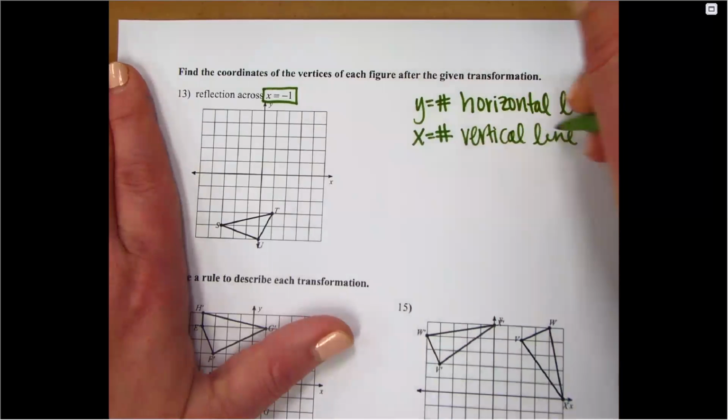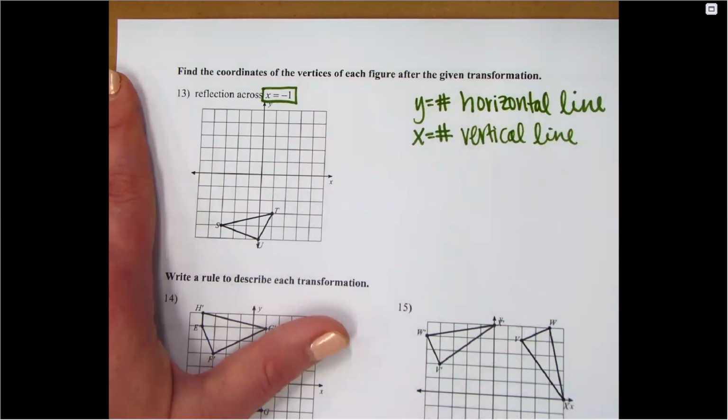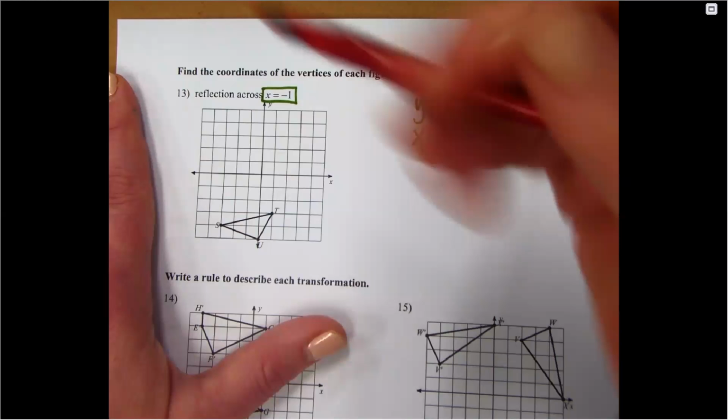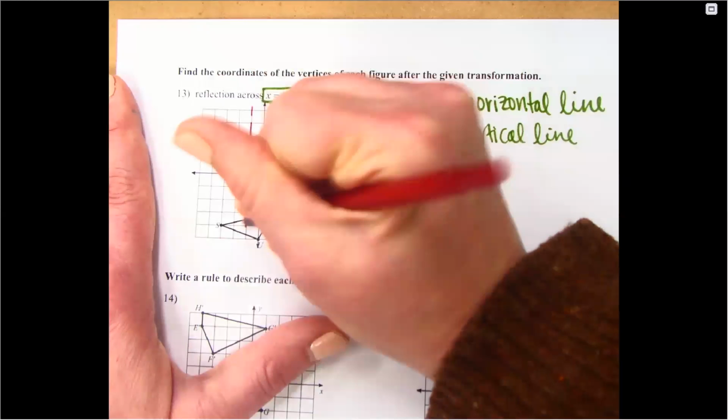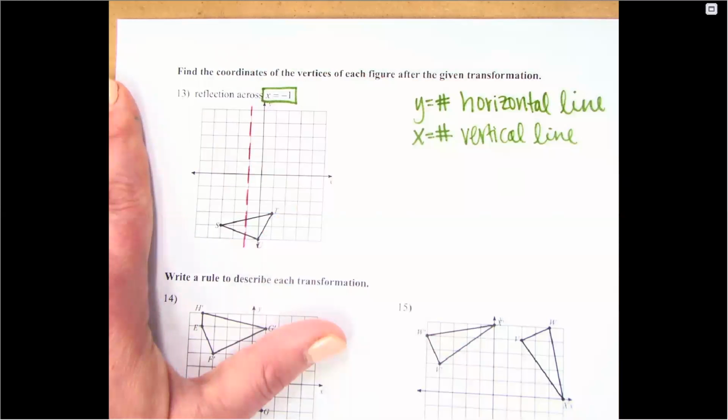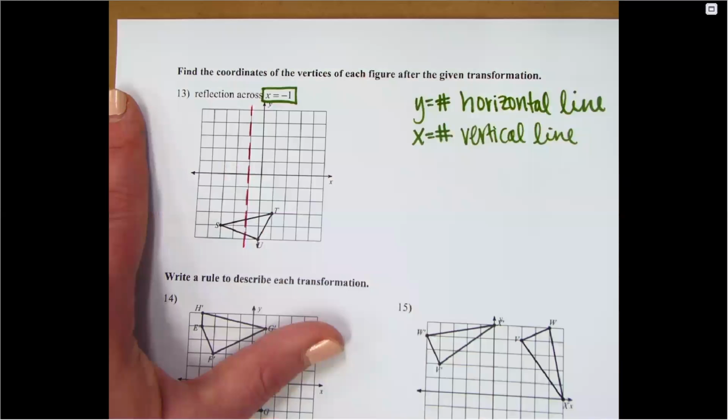So x equals negative 1, that's a vertical line that crosses through negative 1. Just like that. Okay, so from here, this is where you do your reflection.